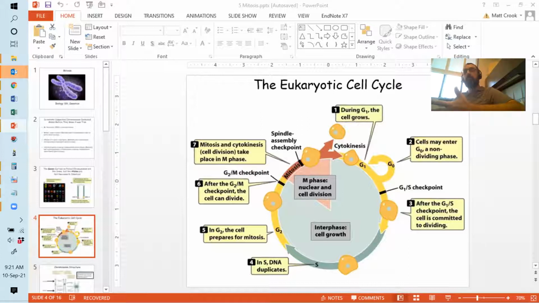Because if you don't make it, the cell dies. So if the cell pauses at any point here, other than the spindle assembly checkpoint, which is different in some ways, then typically the cell will be told to kill itself. And that's apoptosis, a process called apoptosis or programmed cell death.